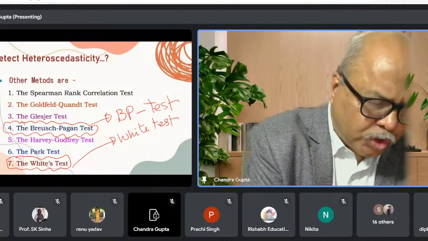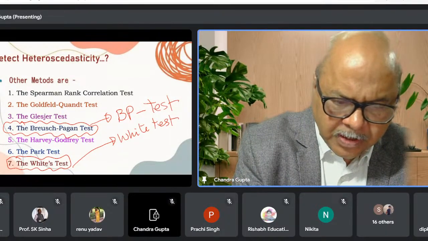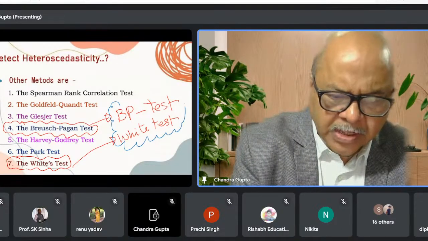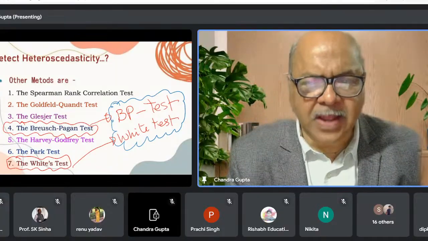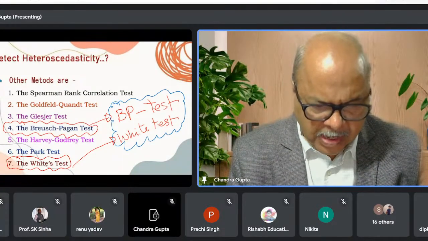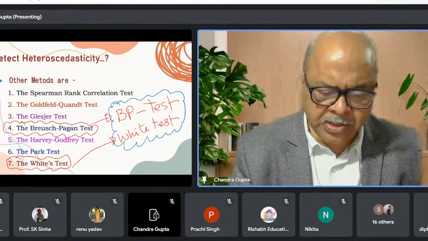These are the two important tests which are widely used for testing heteroscedasticity in the model. Others are not that important, so we will not talk about them.